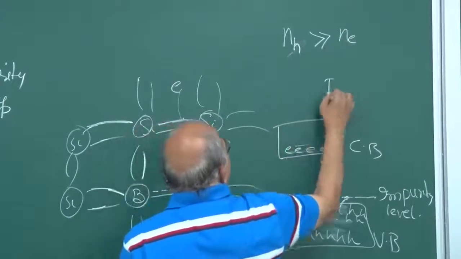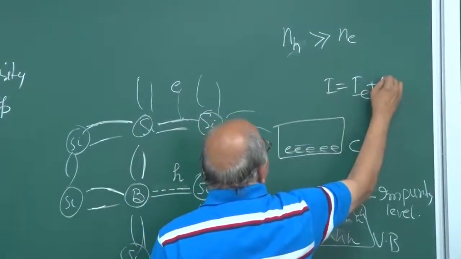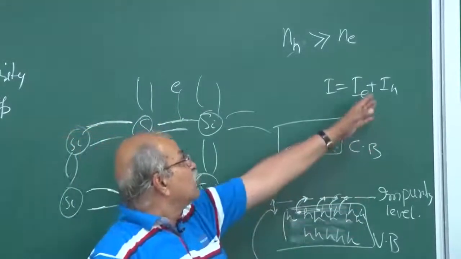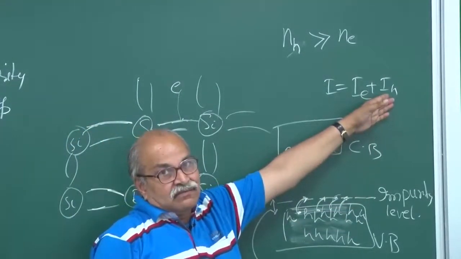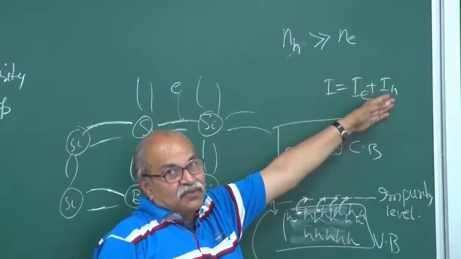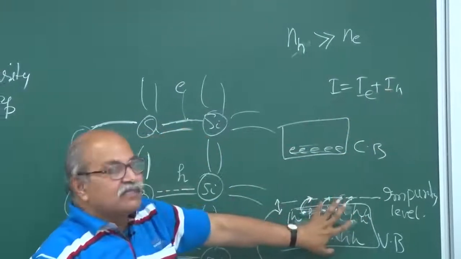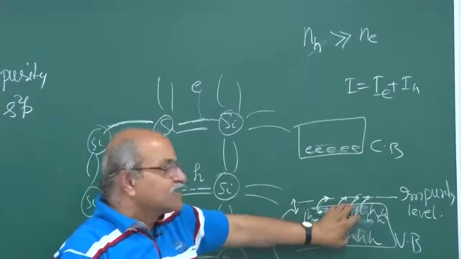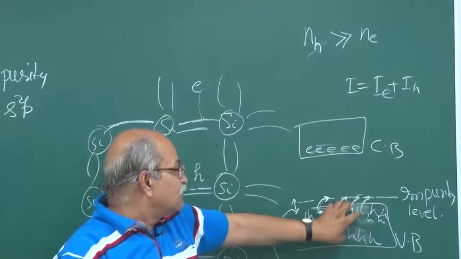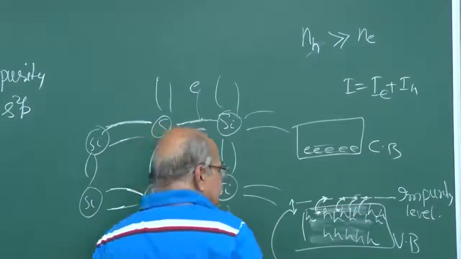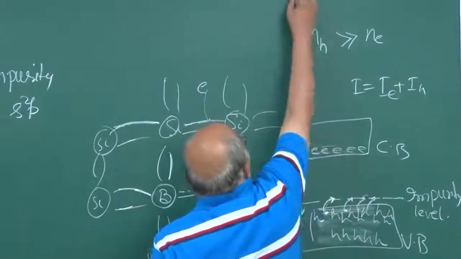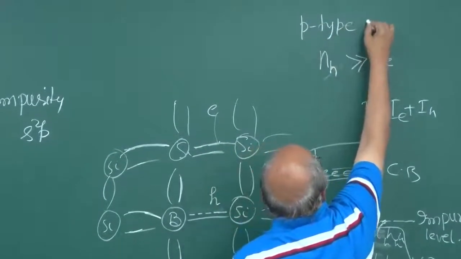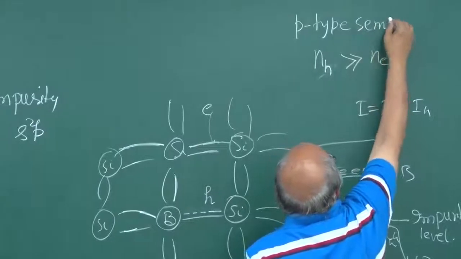So in current, I equal to IE plus IH, most of the contribution comes from holes because the number of holes is much larger, and holes act like positive charge carriers, and therefore these types of semiconductors are known as p-type semiconductors, positive type.